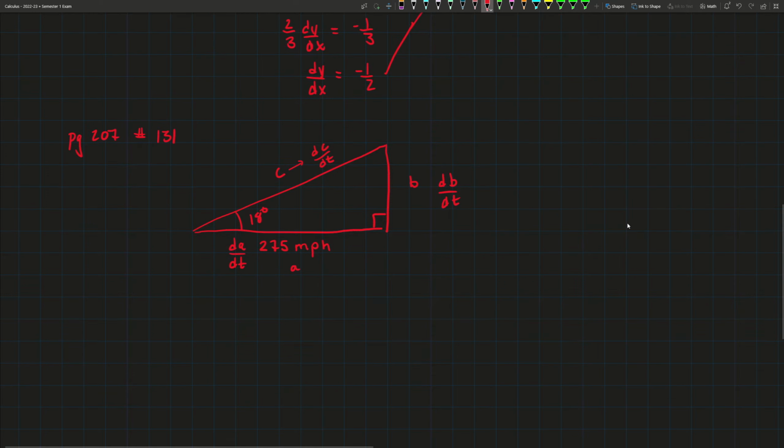So what we need is an equation with a, b, dA/dt, dB/dt, and 18 degrees. If we're looking at this, we have an opposite side and an adjacent side. Tangent's going to get that done for us. So tangent of theta is equal to b over a.